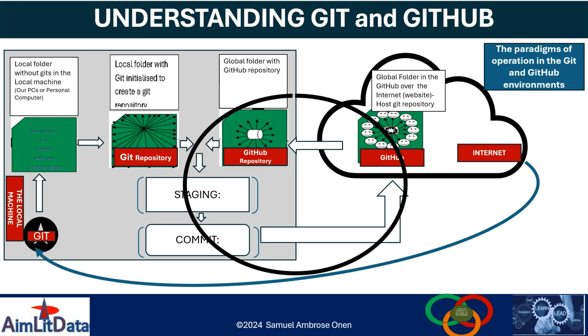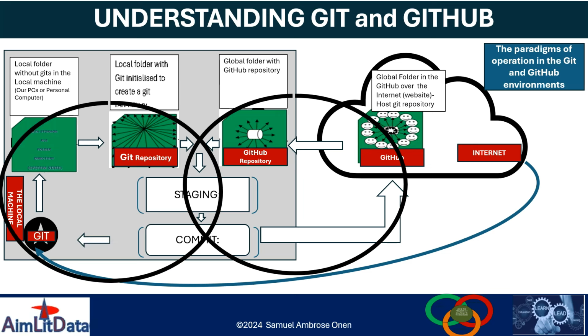We can push, pull, and fetch and share our code and the versions of our code with others over the internet. And another goal is to be able to keep a copy for ourselves, and that is represented by this circle there.